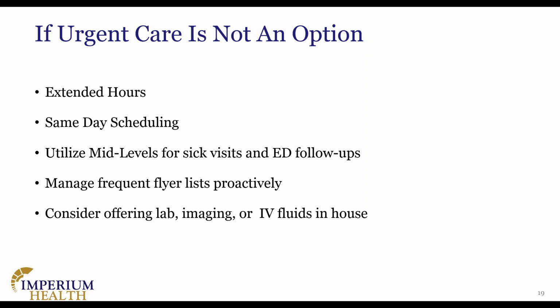Using CareDirect to identify those lists of patients that are regularly receiving an ED visit will allow us to more proactively manage that list. And things like offering lab or imaging can help, or even IV fluids can help to reduce instances of dehydration, or help our patients to better manage their diabetes.